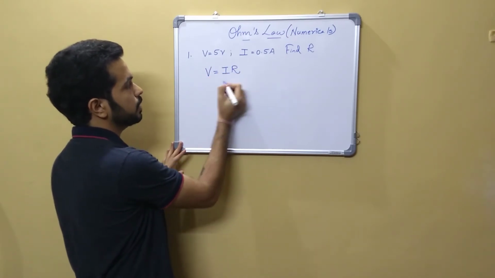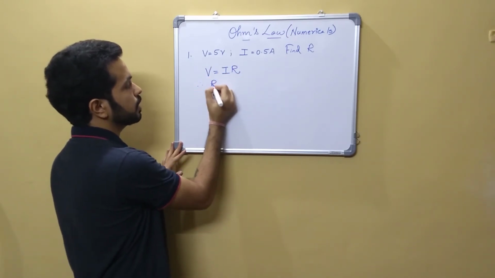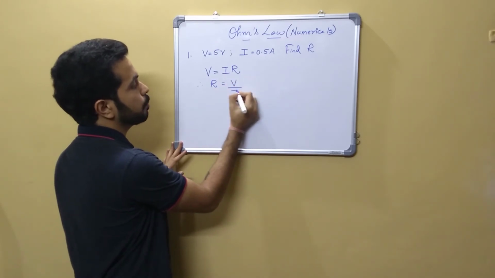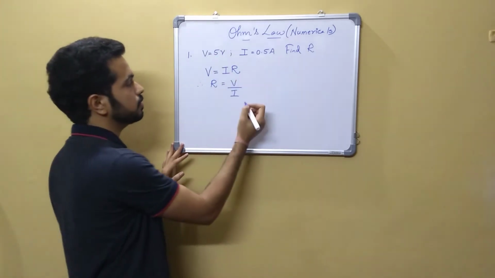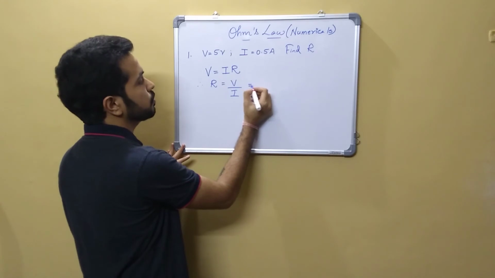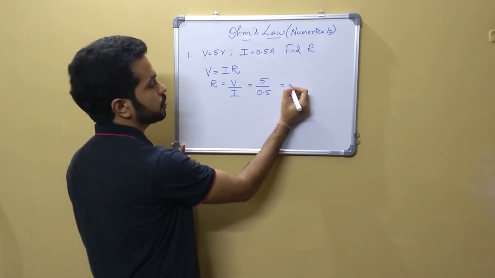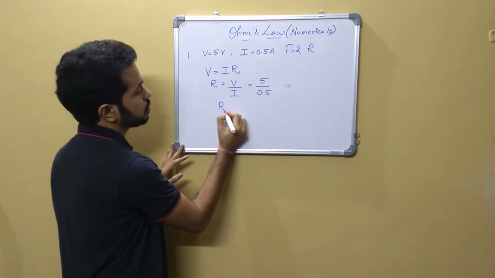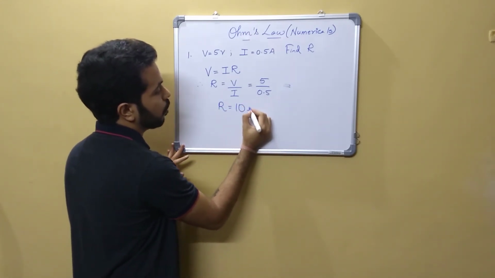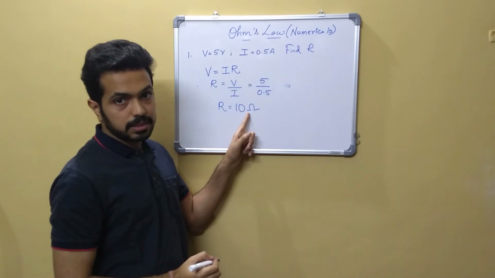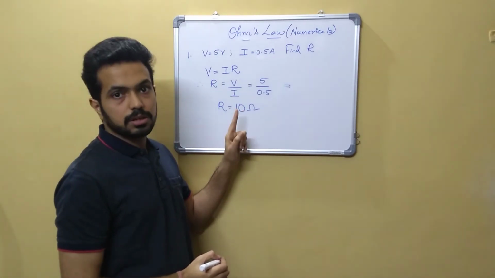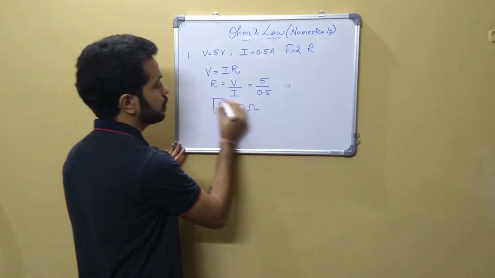Now from here we have to find R. So R is equal to V upon I. Remember that triangle? Use it to get the formula quickly. So we get it as 5 upon 0.5, which comes out to be 10 ohms. I hope you remember omega. This is how you denote the ohms. So R is equal to 10 ohms.